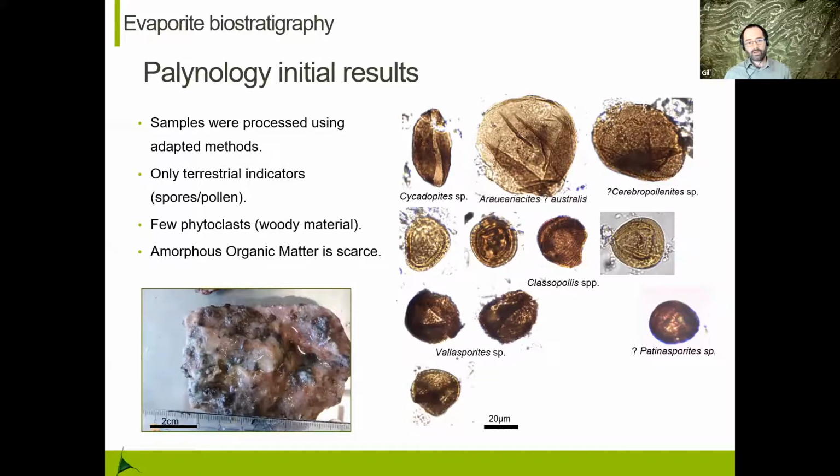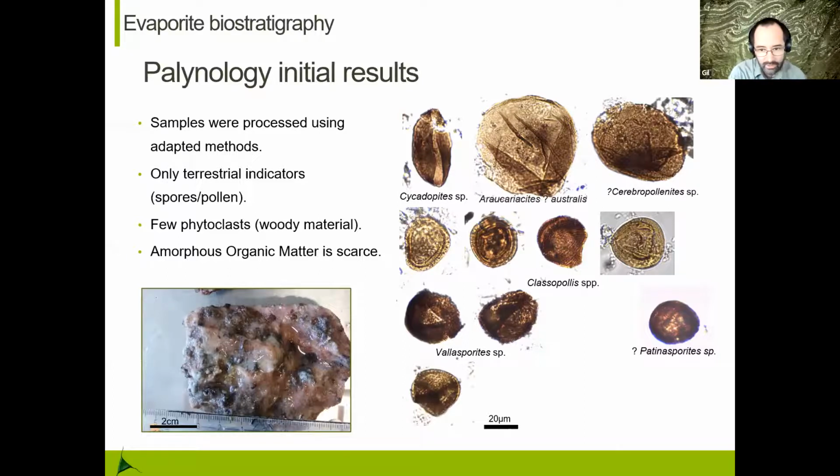Another name for phytoclast is vitrinite, and vitrinite is the standard method used to determine thermal maturity in sediment. So, in a nutshell, you measure the reflectivity of vitrinite particles, and you are able to obtain a numerical paleo peak temperature, the peak temperature that was reached by those rocks.